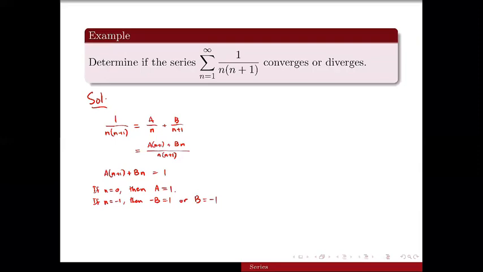So what does this mean? Your 1 over n times n plus 1 is simply 1 over n minus 1 over n plus 1.